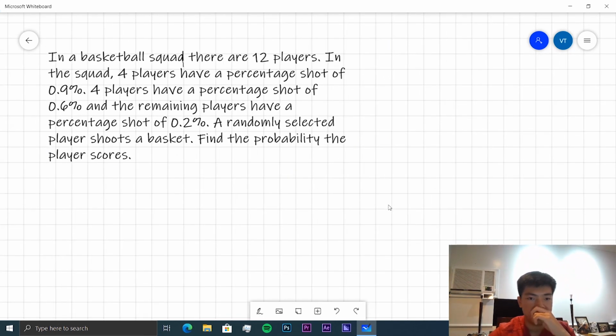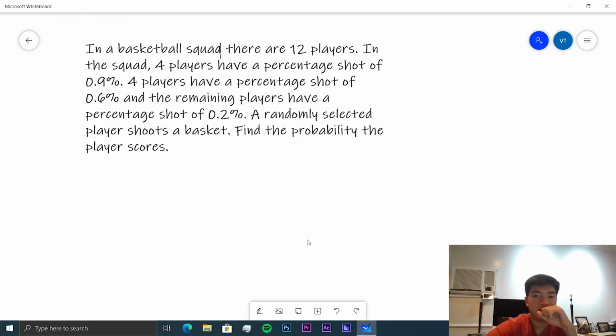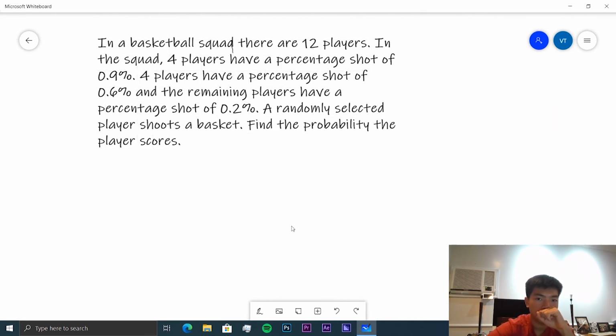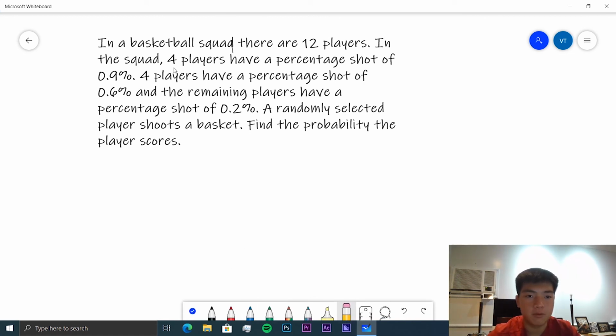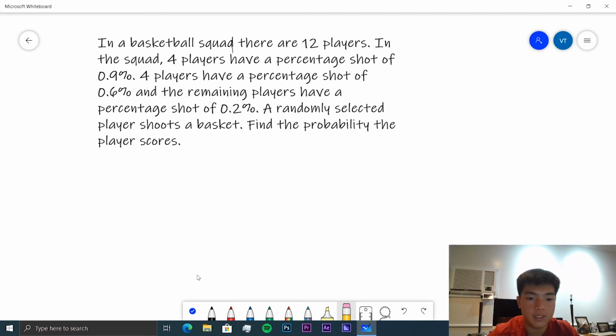Okay. Do we even have to use Bayes' theorem? No, we don't. Since there are equal groups, the answer is the average of the 3. Because we have 4 players that shoot 0.9, 4 players that shoot 0.6, and 4 players that shoot 0.2.